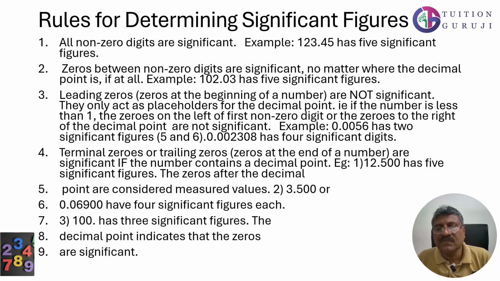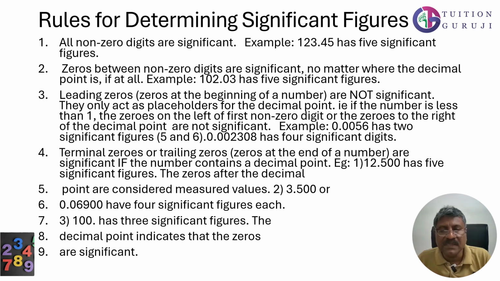Let's see some of the rules for determining significant figures. All non-zero digits are significant. For example, 123.45 has 5 significant figures. Zeros between non-zero digits are significant, no matter where the decimal point is. Example, 102.03 has 5 significant figures. Leading zeros at the beginning of a number are not significant.